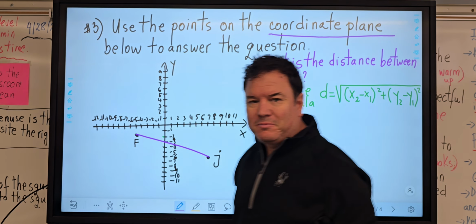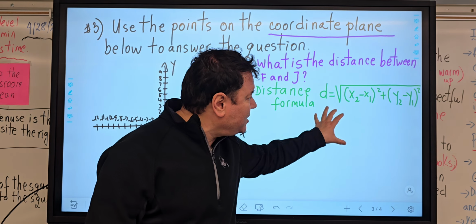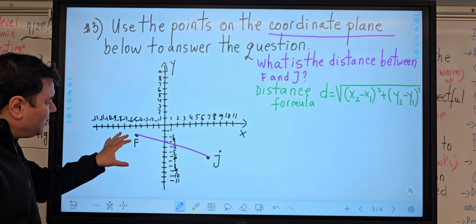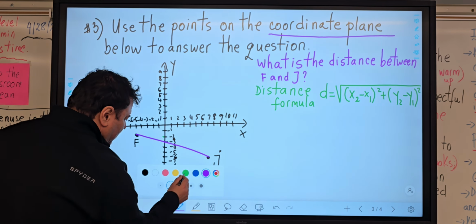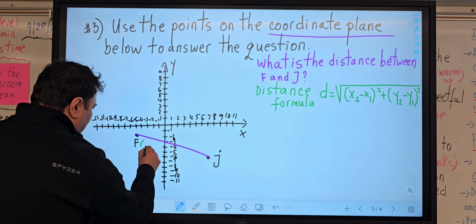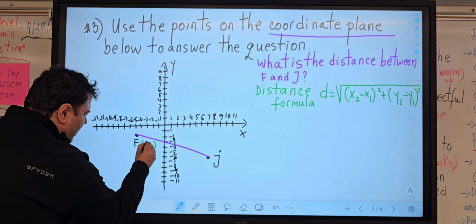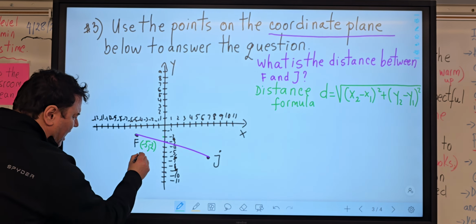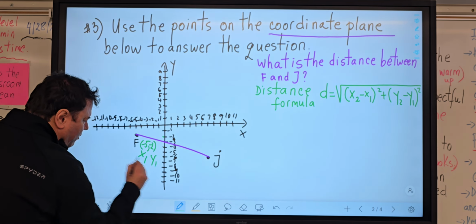Please remember that. And now in order for us to find the answer, we need to find the location of these 2 points. First of all, the location of F: x is -5 and y is -2. So -5 is our x1, and -2 is going to be our y1.